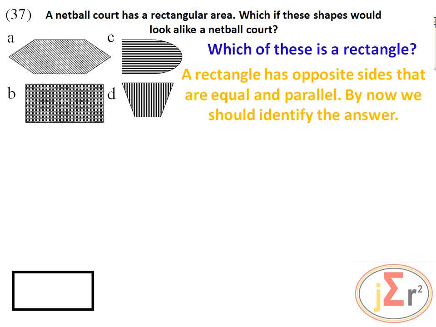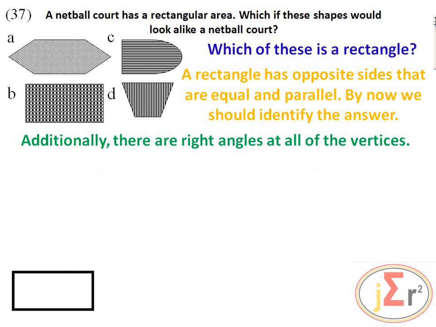So we know a rectangle has 4 sides, of which opposite sides are equal and opposite sides are parallel. Not only that, but it has 4 right angles. Additionally, there are right angles at all of the vertices.